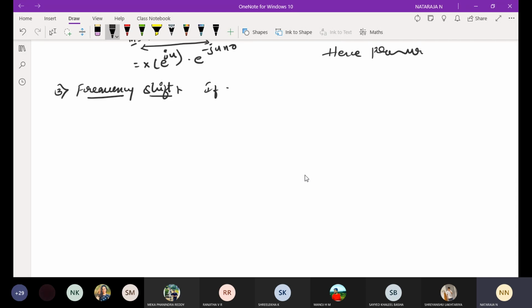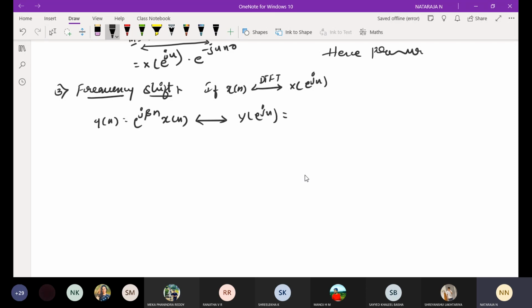If x of n is the DTFT of x of e power j omega, then y of n is equal to e power j beta n into x of n, whose DTFT y of e power j omega is equal to x of e power j into omega minus beta.